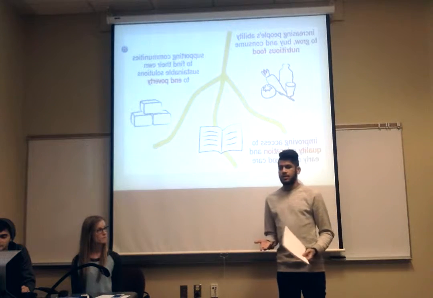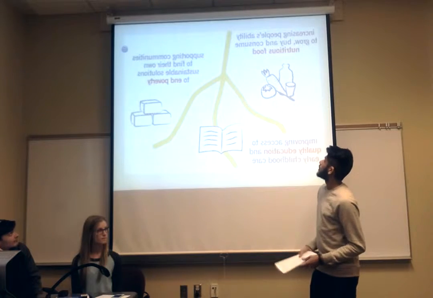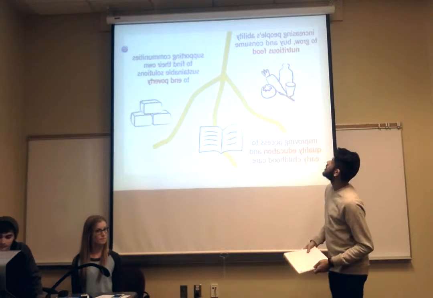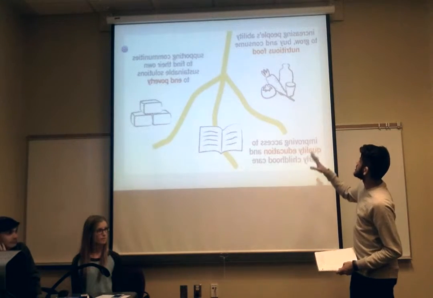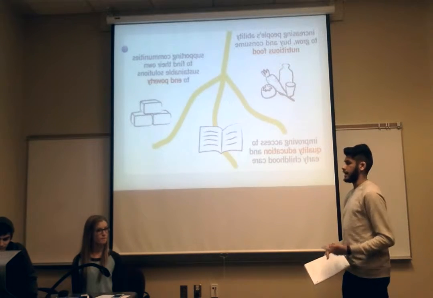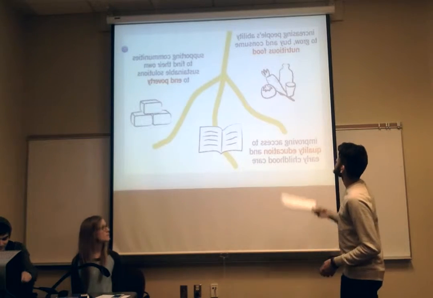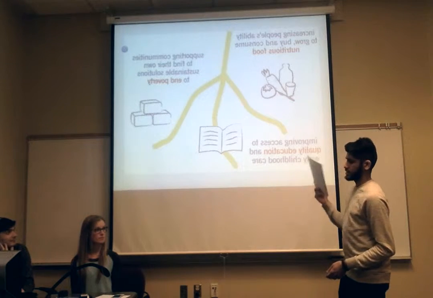When you go into their video, which is kind of like a commercial for them on their website, you see things like this. This is a tree showing how a person like you can help the charity and help the children in third world countries. You see the words increasing, improving, and supporting.